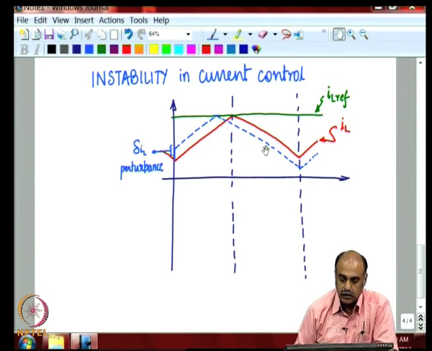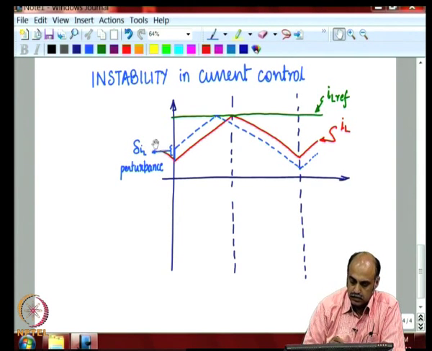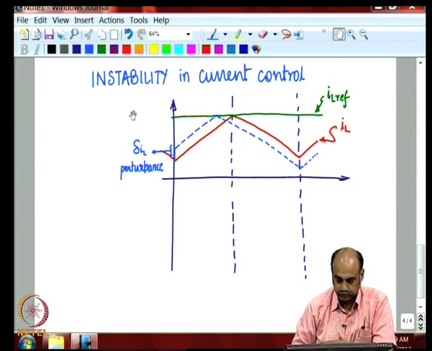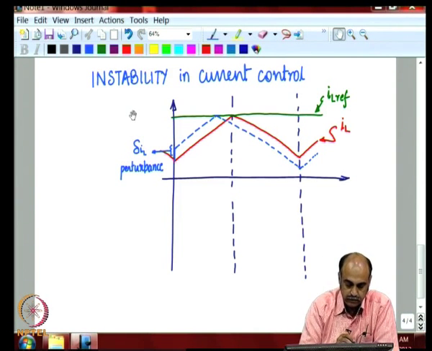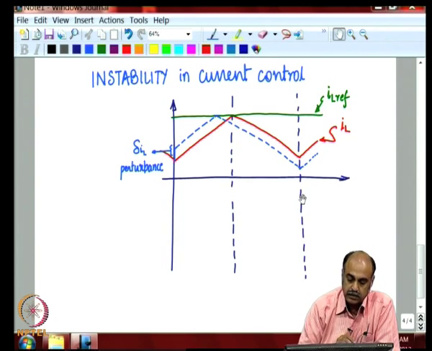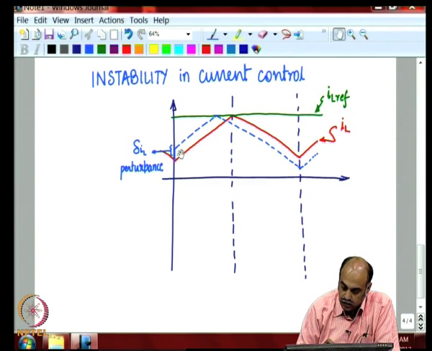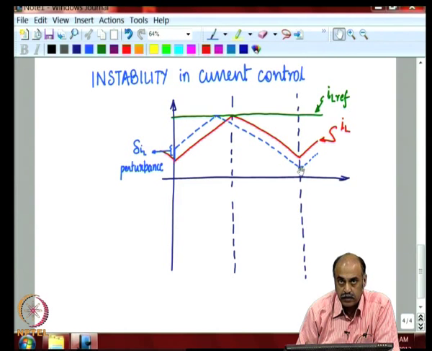Now, let us look at 2 points. In this one cycle, if there is a perturbance at the input, the difference between the steady state expected inductance current and the perturbed inductance current at the end of the cycle is this much.